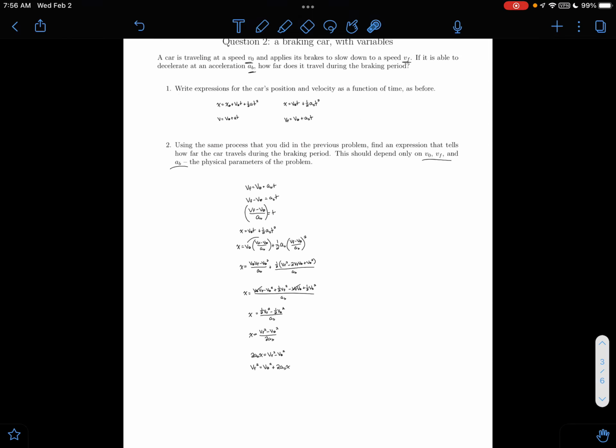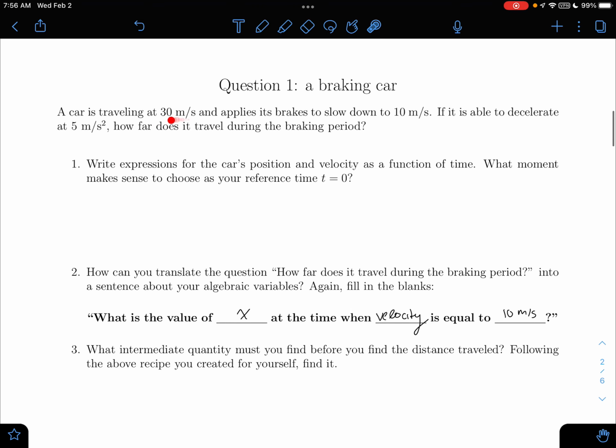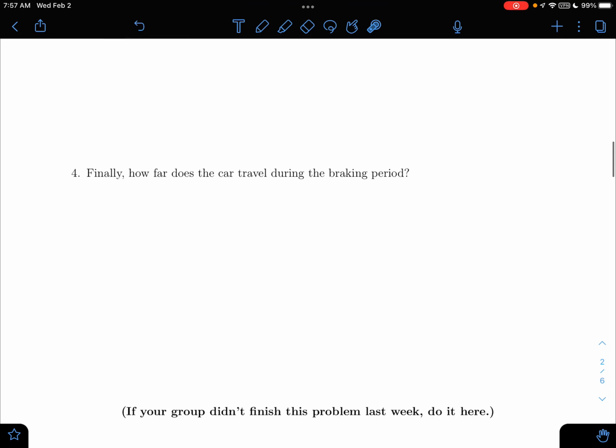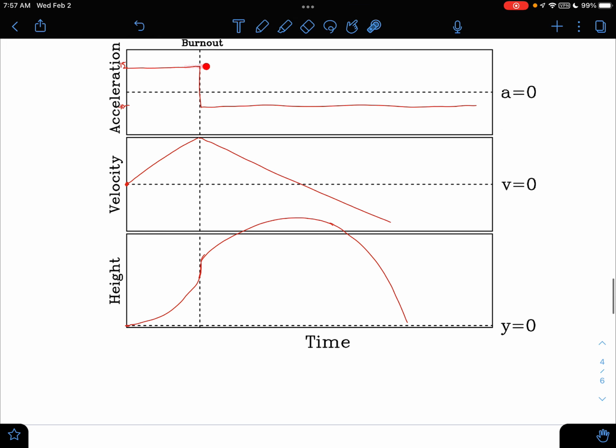Kind of like when our car was braking, we couldn't look at before the car started braking because right there our acceleration would be 0, but during our braking period our acceleration was 5, so we could only look at the braking period. Same thing as before. So we're going to take our first chunk, use our equations on that, and then we'll look at the second piece and use the equations on that.